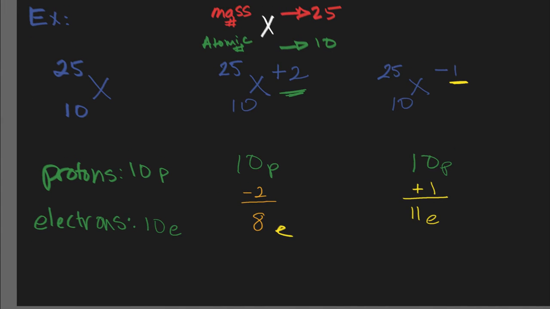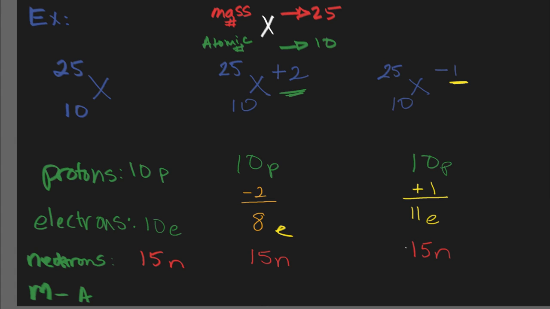So the neutrons, kind of sloppy there, but you know what I'm writing, is going to be the mass minus the atomic. So in this case, first one's going to be 15 neutrons. Here, we're going to have 15 neutrons. Here we go, 15 neutrons.